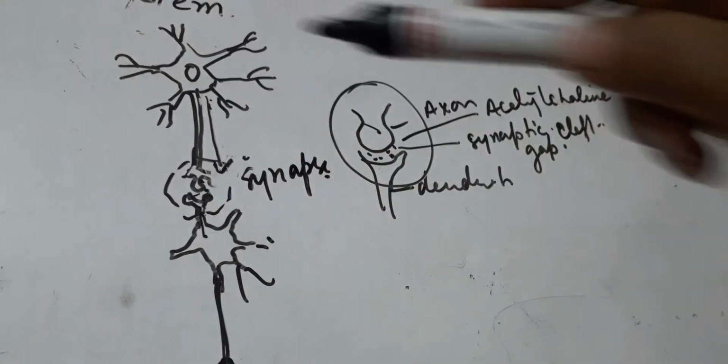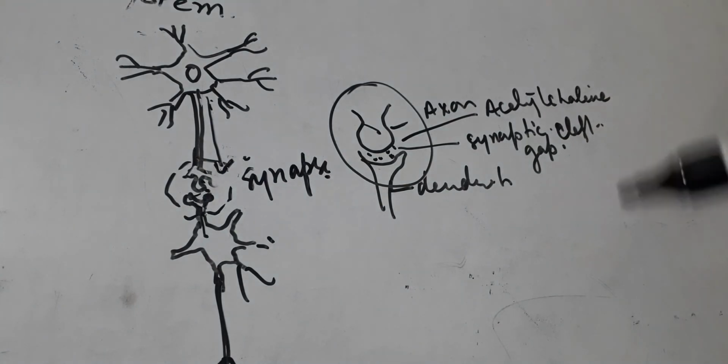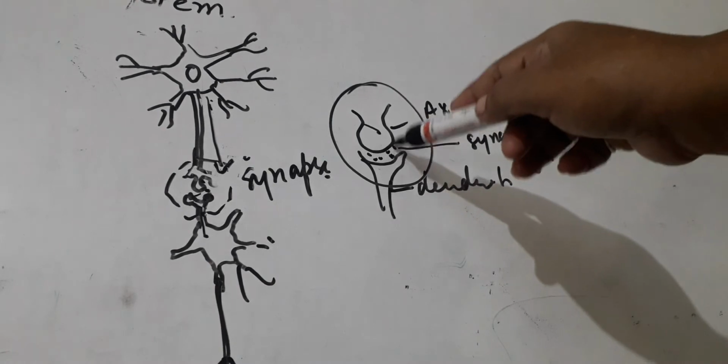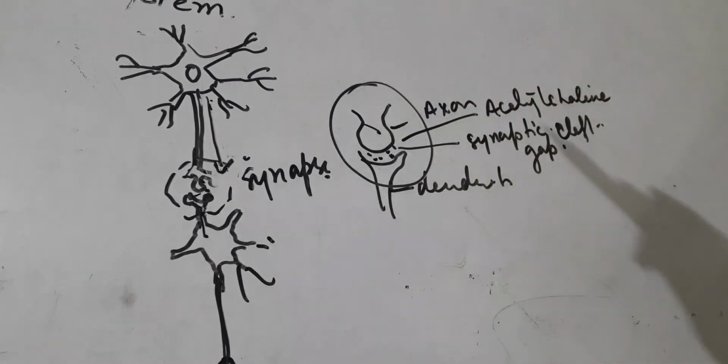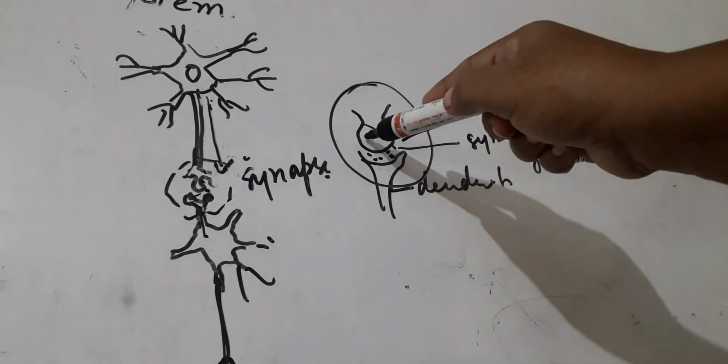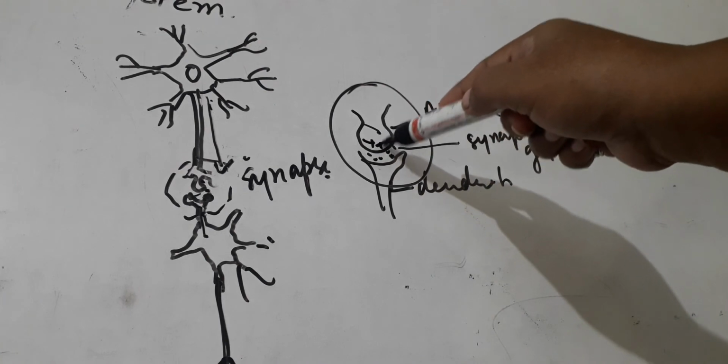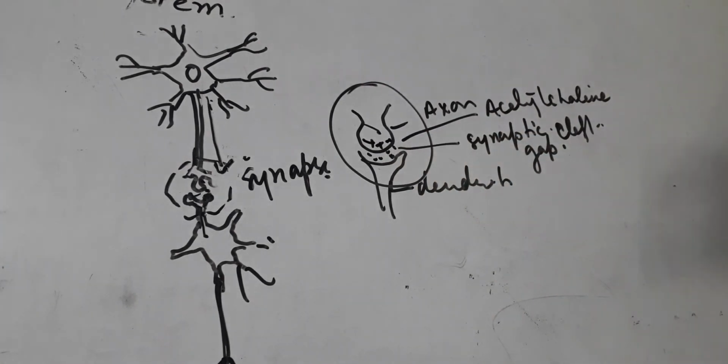So there is a gap. In this gap, the neurotransmitter acetylcholine is released, and it is filled here. It is released only when the nerve impulse reaches here. Same as getting polarized and depolarized, acetylcholine is released here.